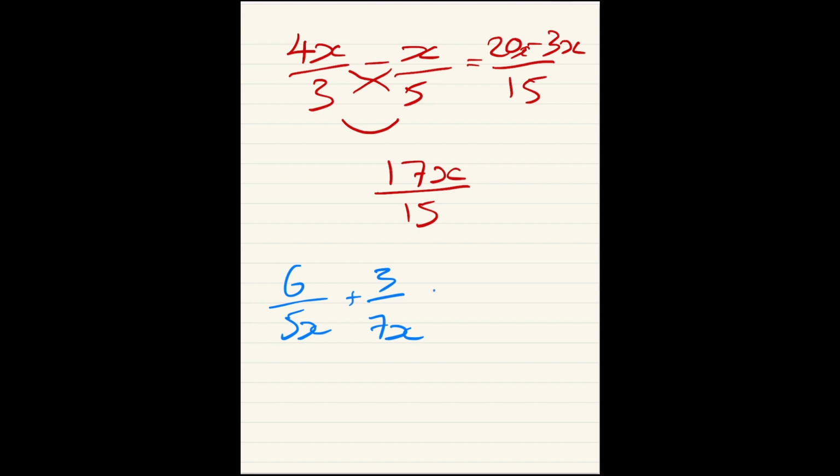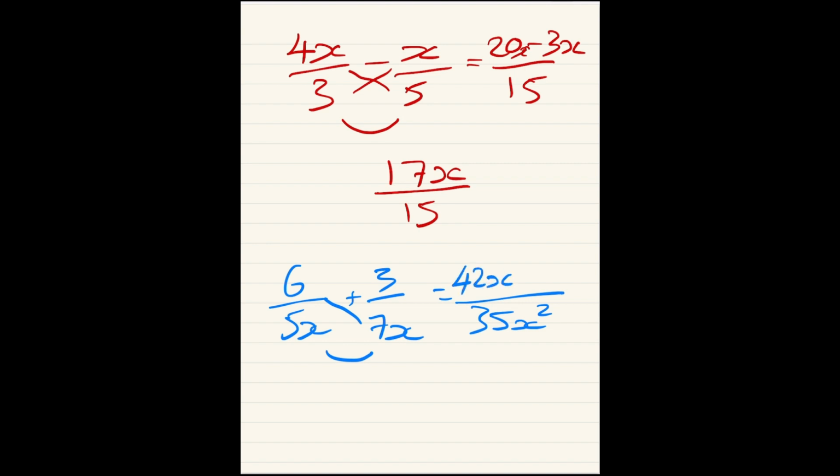Okay, same thing. We'll multiply the two denominators together here to get 35. This will be x squared. Okay, x times x. And then over the diagonal, we've got 6 lots of 7x is 42x.